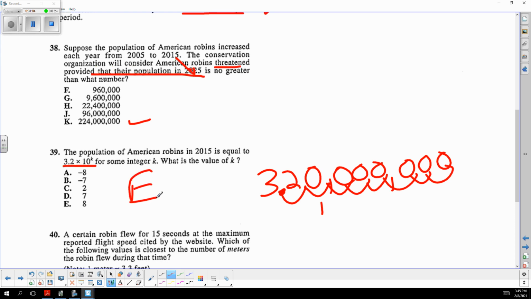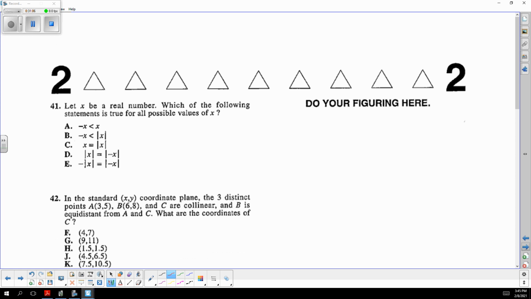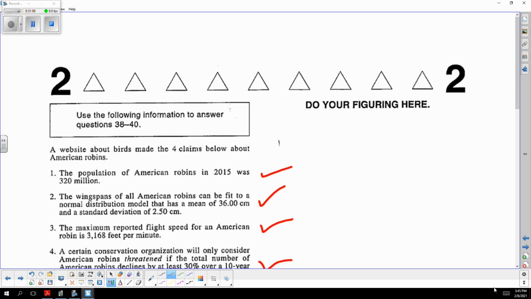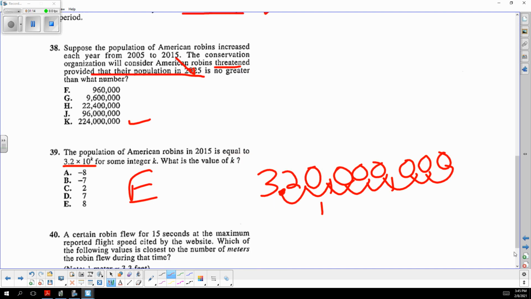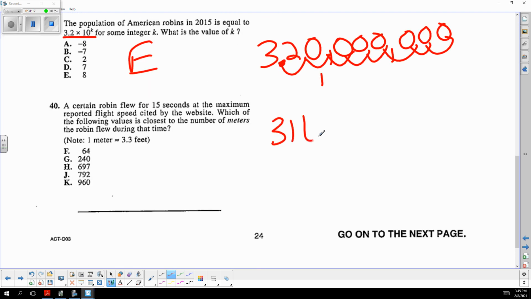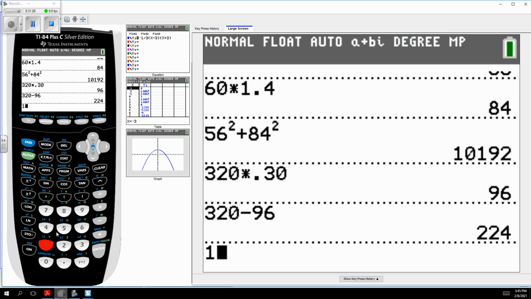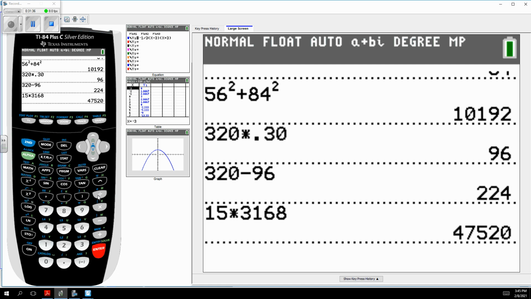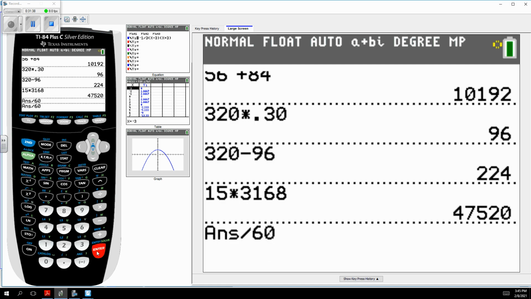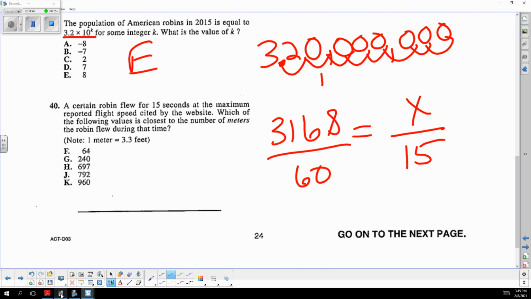Choice E. This one was a bother because the robin only flew for 15 seconds. So the maximum speed is 3168 for 60 seconds. So how much does she fly in 15 seconds? I would cross multiply 15 times 3168, that maximum, and then divide by 60. 792.